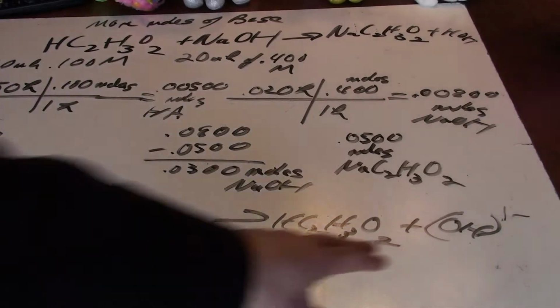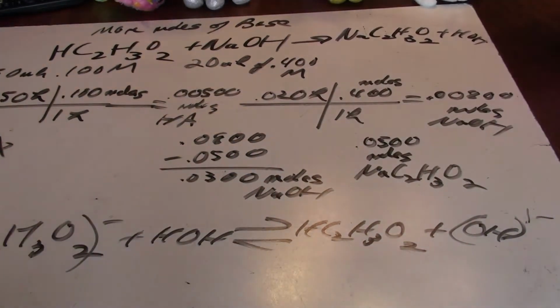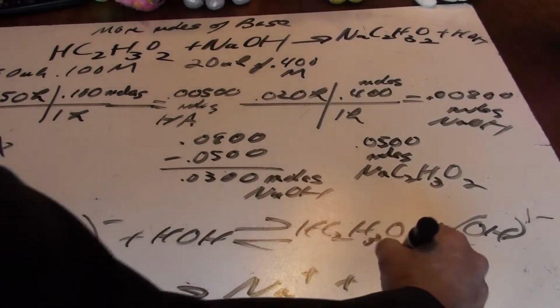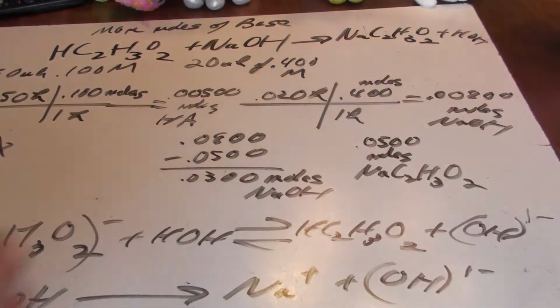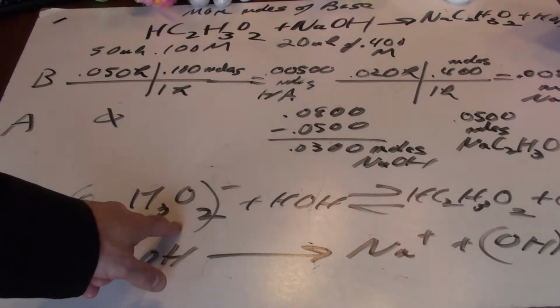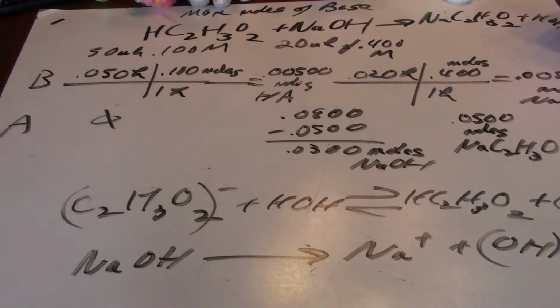However, the amount of OH being produced from this reaction is insignificant because you have leftover sodium hydroxide. Sodium hydroxide is a strong base and will break apart completely, whereas the acetate is the conjugate base and it is a weak base, and therefore it will not generate very much OH minus.